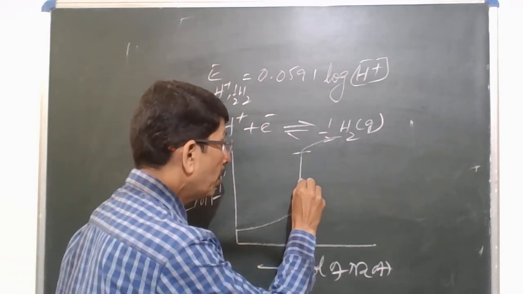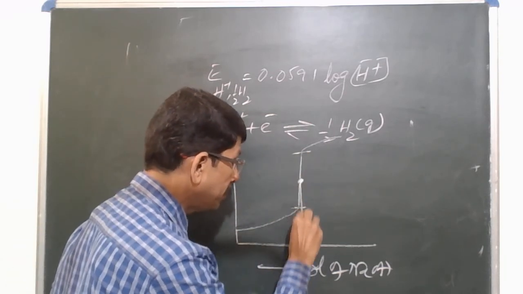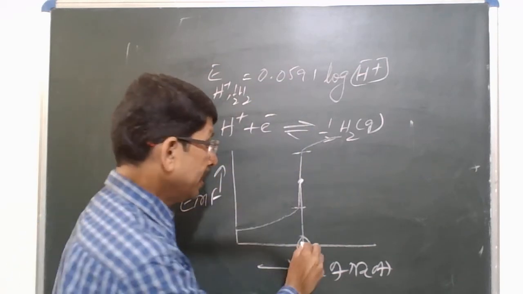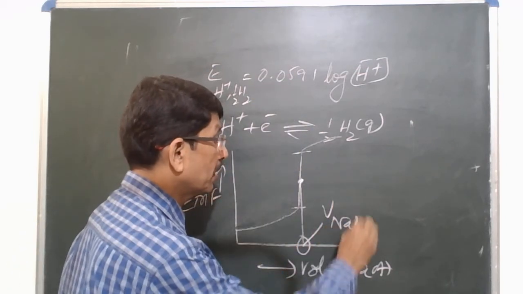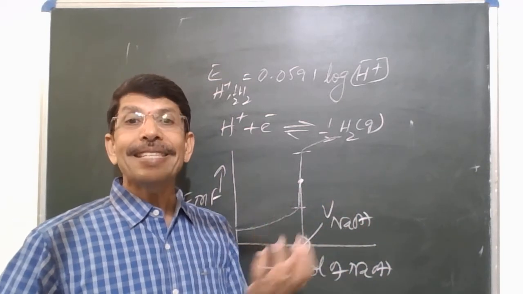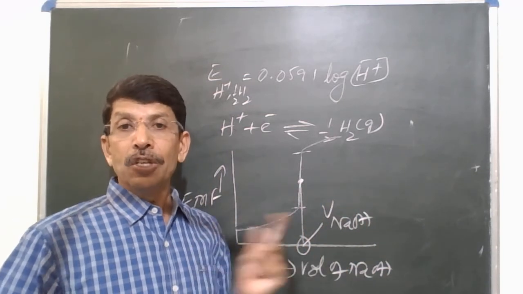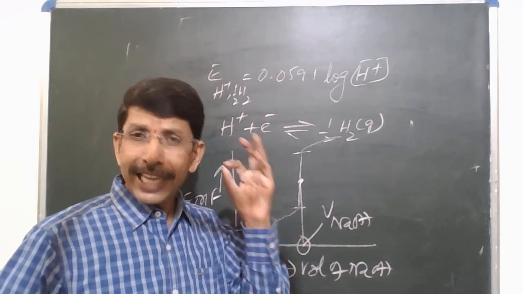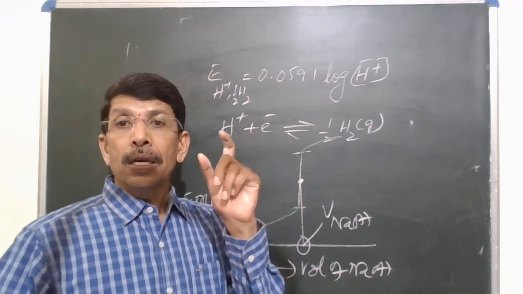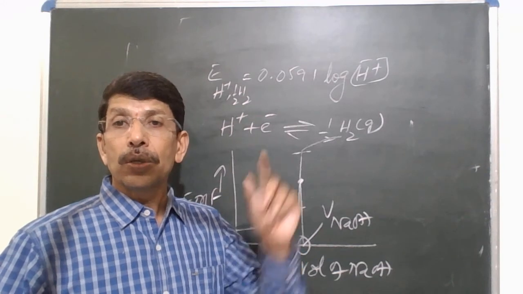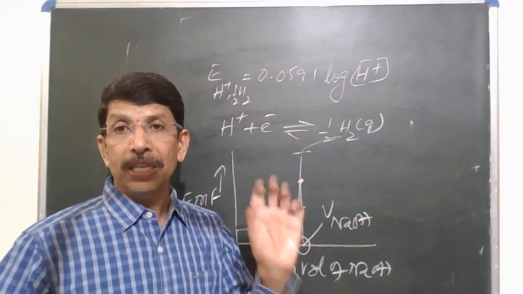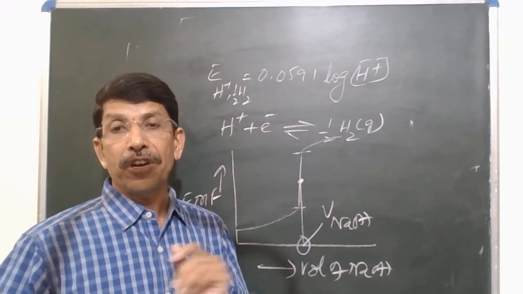The volume of NaOH corresponding to this midpoint of the steeply rising curve is the volume of NaOH consumed by whatever volume of HCl is taken. Right? So this is the nature of the graph for the same HCl versus NaOH titration when you change quinhydrone electrode to glass electrode or hydrogen electrode, keeping calomel as the same reference electrode.